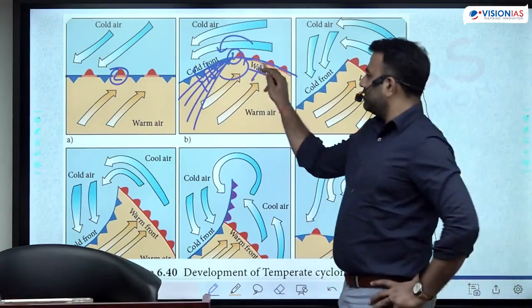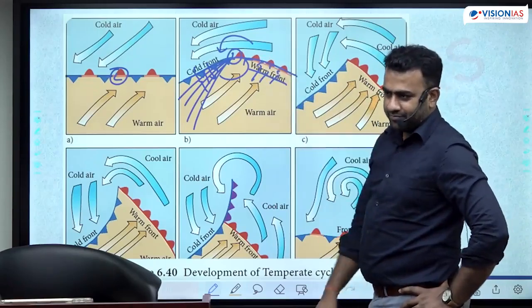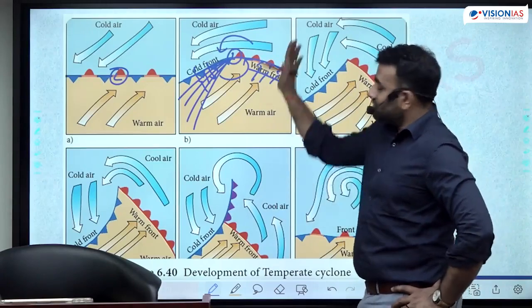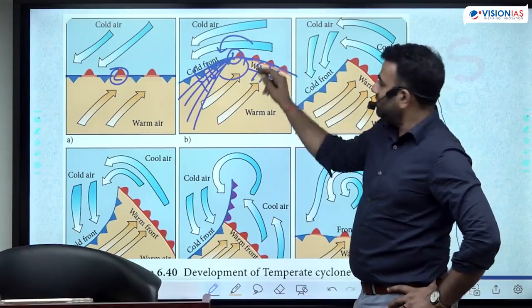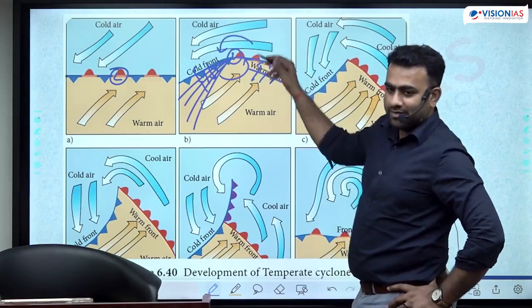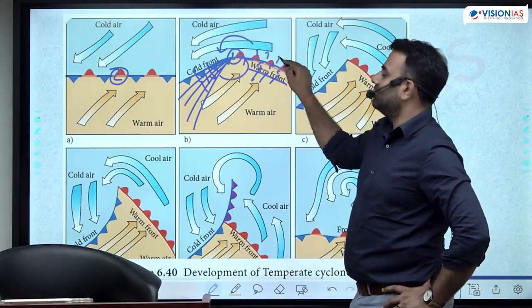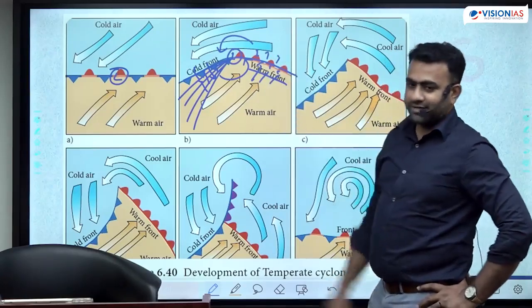As the warm air is moving in this direction, the position of the warm air may not change, because the warm air is overriding. So in this case, the warm front may shift slowly, depending upon the movement of the cold air. However, the cold front is shifting faster.